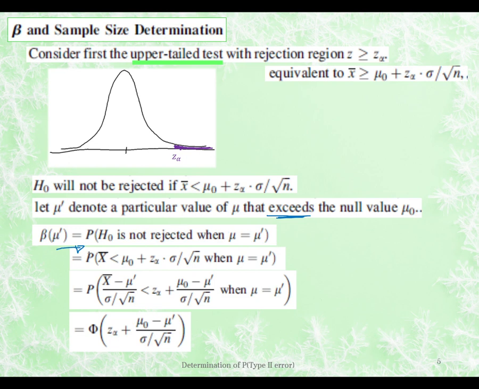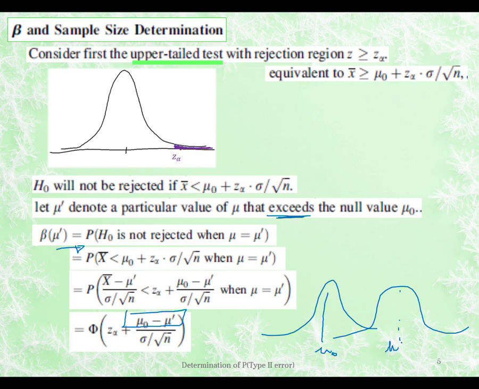Now, what you should notice is the larger this value of mu prime is, the more negative this term here is going to become. Because remember, if we just look at the sketch again, we have two values here. This is mu naught, and this is mu prime.